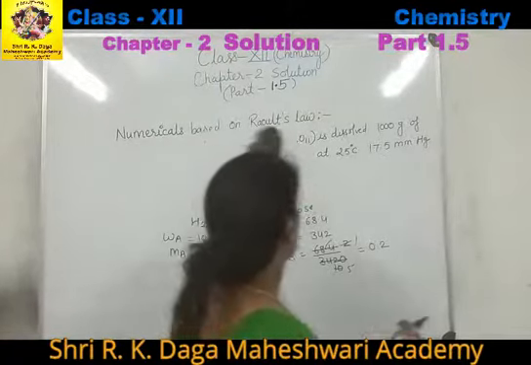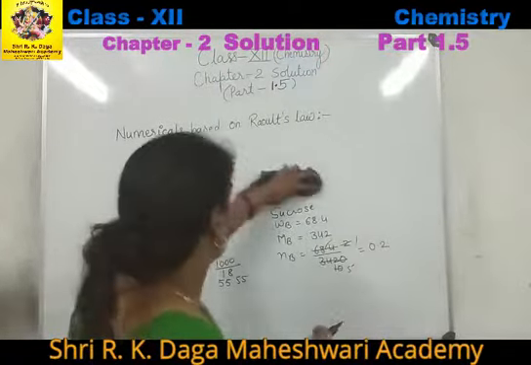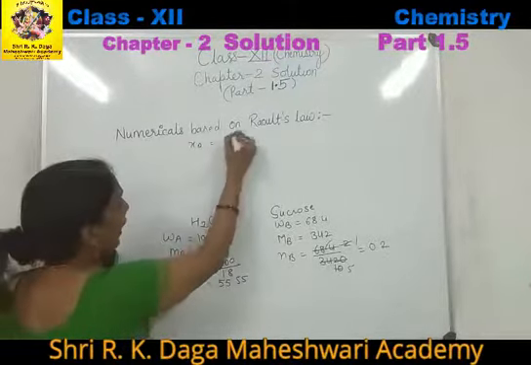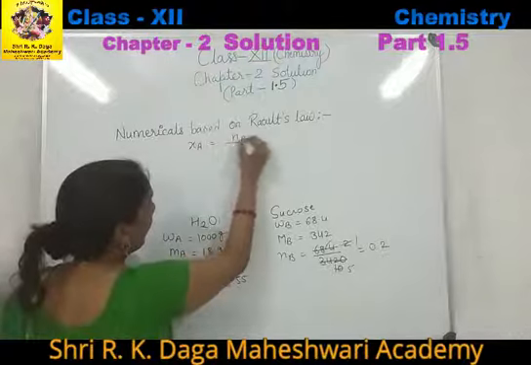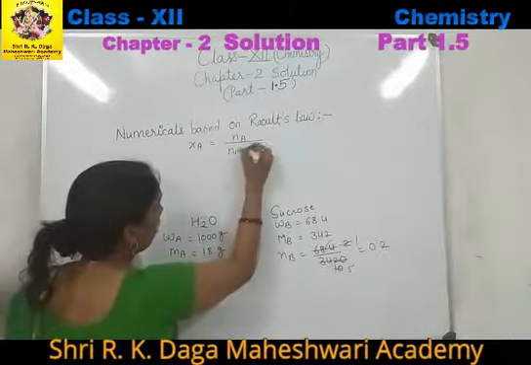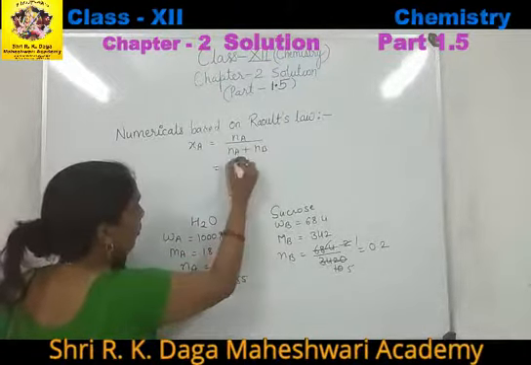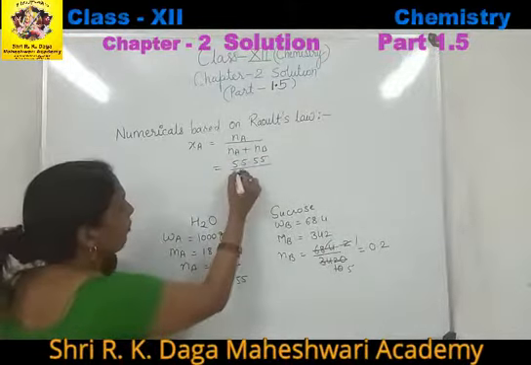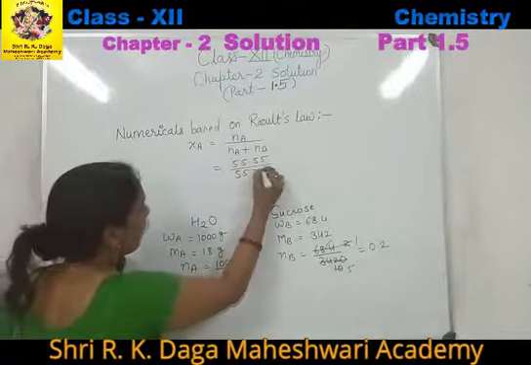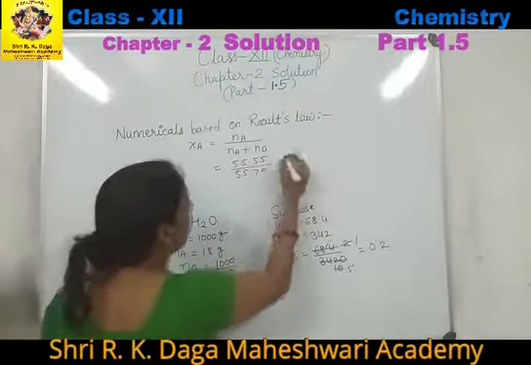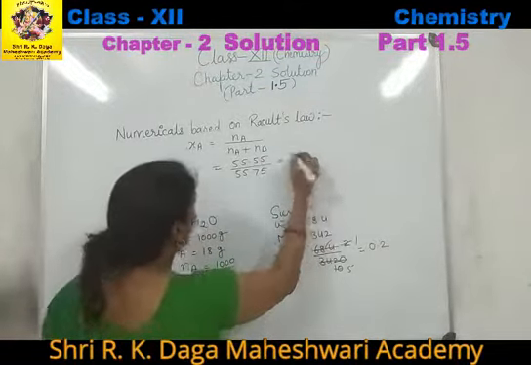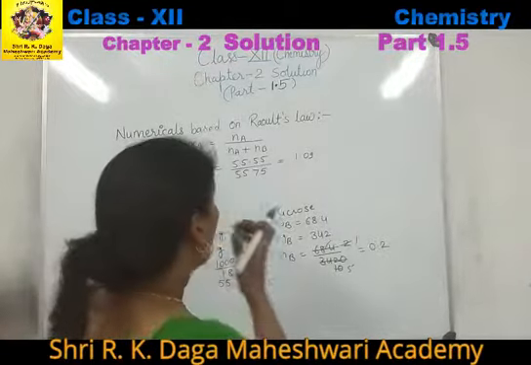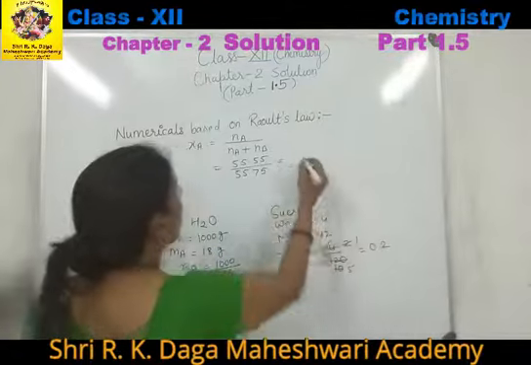Now we will calculate the mole fraction. So the mole fraction XA equals Na divided by Na plus Nb. So 55.55 divided by 55.75. Whatever be the value, it will be 0.99 something, so this is the value of XA.